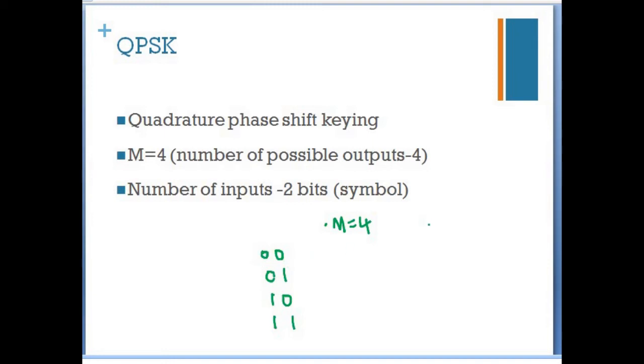So there is a formula, 2 power n equal to m, where m is the number of possible outputs and n is the number of inputs. Here m equal to 4, so n must be 2. So the 4 different combinations are 00, 01, 10, 11.